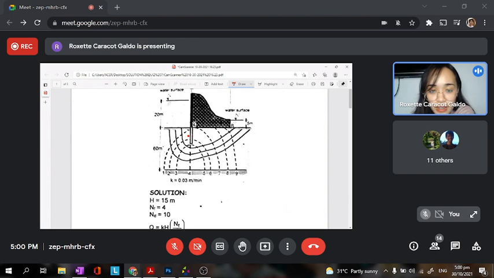Okay. Nara si point A diri. So mag-count ta, our water that will flow towards this direction. So tan-aw nato kung pilay ang magian nga number of potential drops.